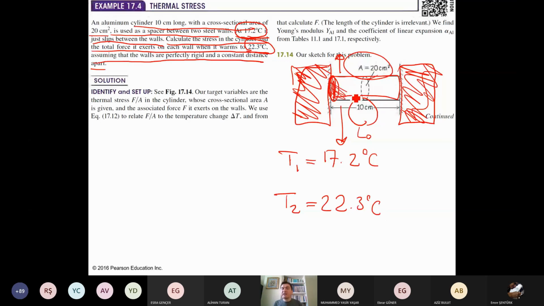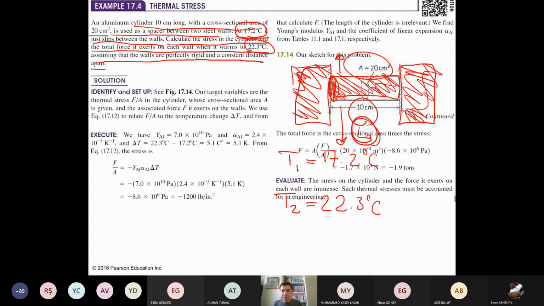So the new length will be bigger than the previous length, okay? Then you cannot move this aluminum rod anymore. So what about the calculations?